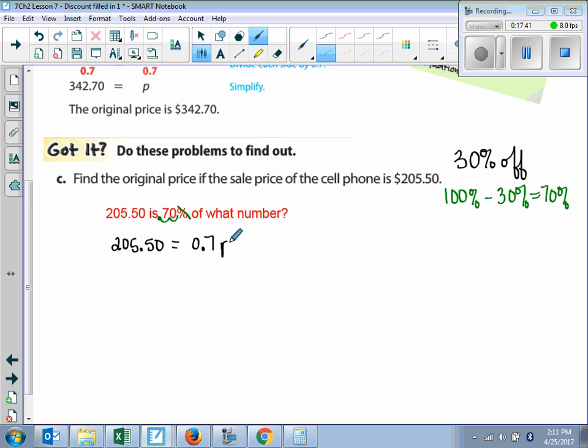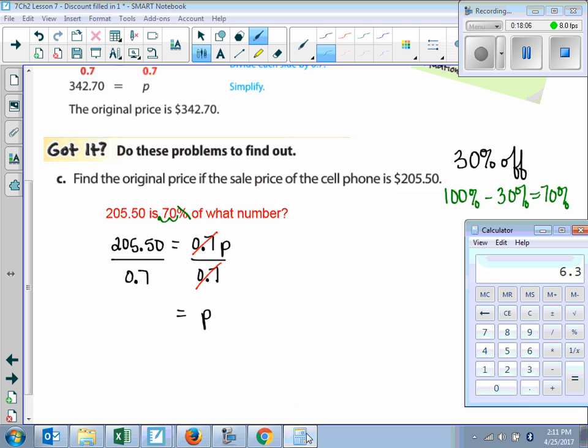Okay? So now, how do I get the P by itself? Very good. We're going to divide by 0.7 on both sides. So when I do that, let me cancel out those 0.7s. Then P is going to be equal to 205.50 divided by 0.7.